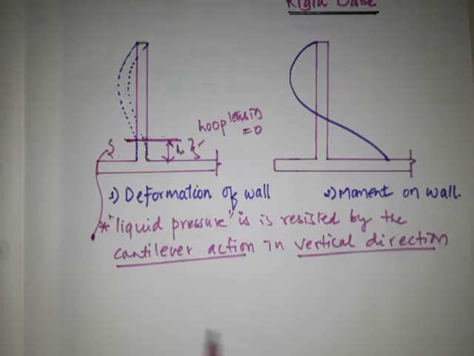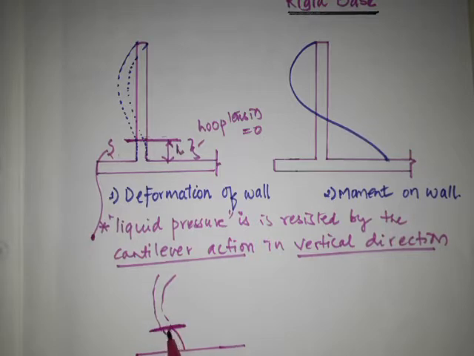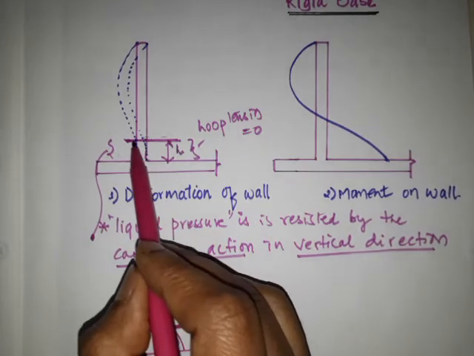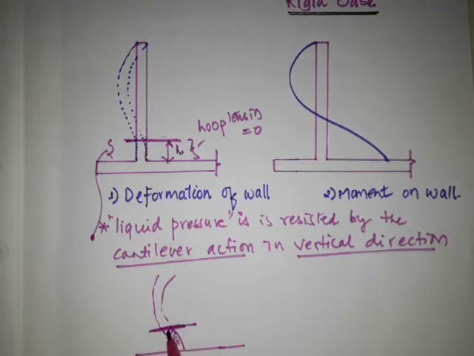If I want to show this in projection, we have the wall, the roof and the floor slab. At this junction the wall will behave as a cantilever, and then again we'll have the hoop tension. So this portion of the wall will act as a cantilever wall, with cantilever behavior.